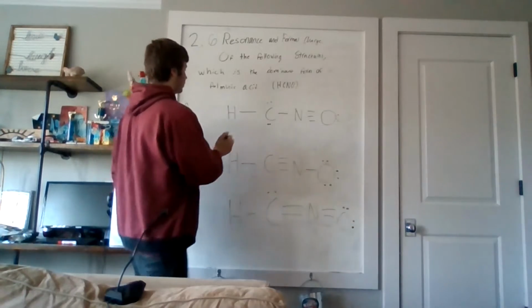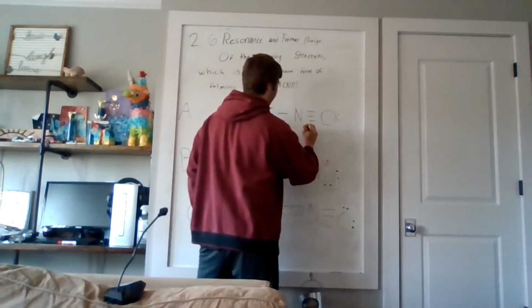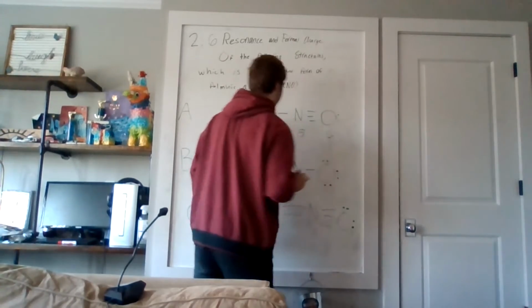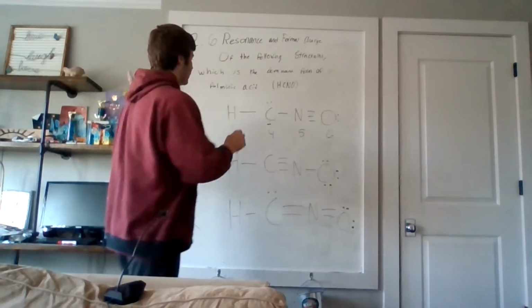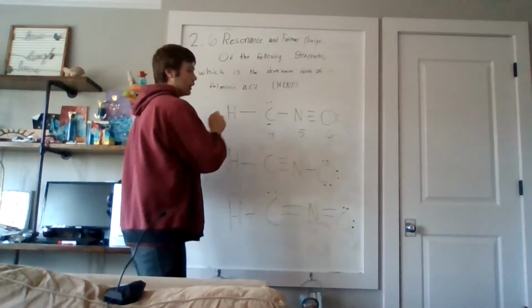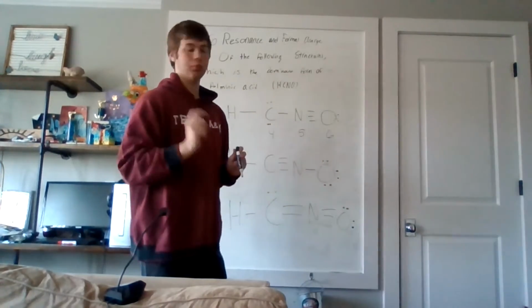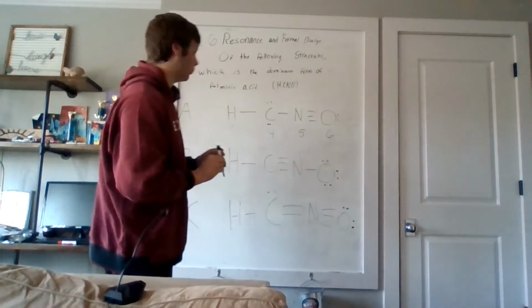So hydrogen gives 1, carbon has 4, nitrogen has 5, oxygen has 6. And then you count the amounts of bonds and electrons. Each electron counts as 1, and each bond counts as 1 for an atom's formal charge.